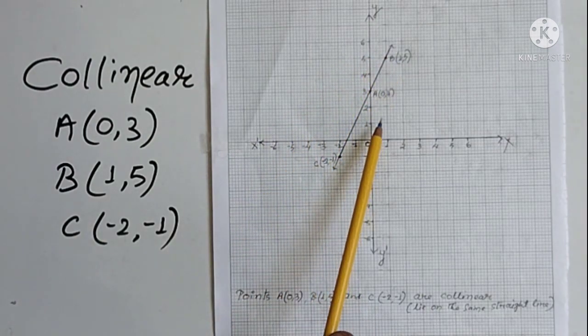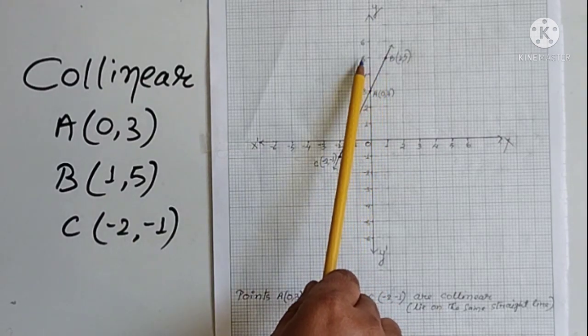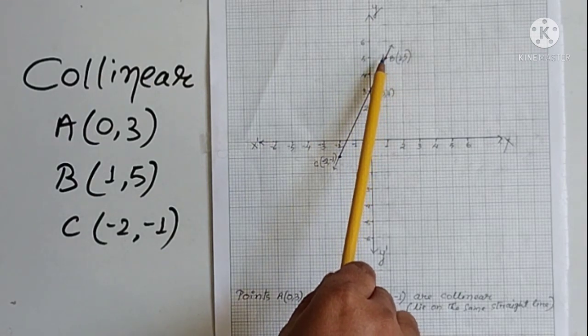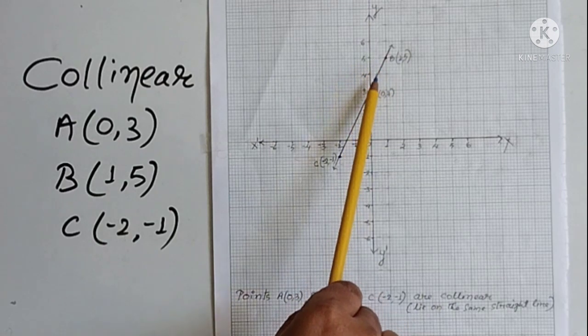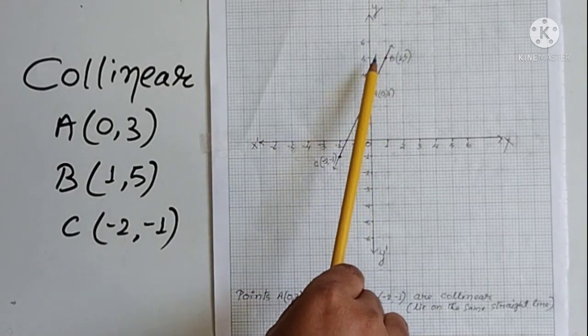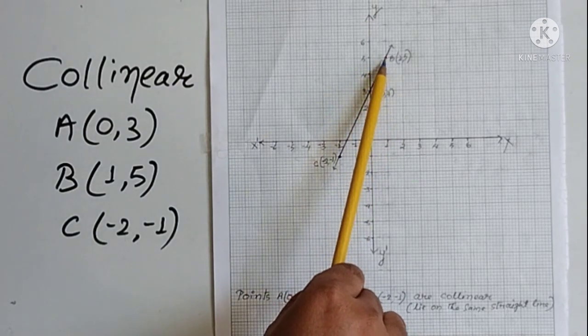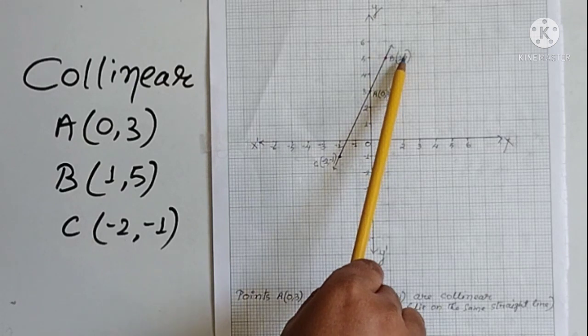So if you draw a dotted straight line from here, and from here another dotted straight line, they will meet over here, the point of meeting is B. You don't need to draw a dotted line over here, you can do it on your own also. So this is B, where your abscissa is 1 and ordinate is 5.